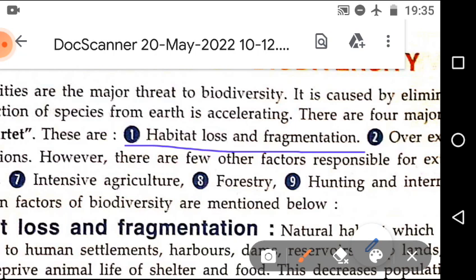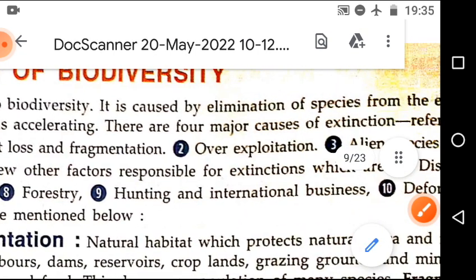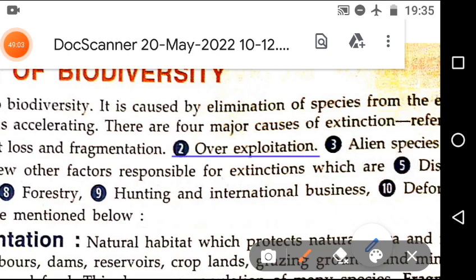Okay, the second cause is overexploitation. Exploitation means overusing of our resources. Too much using of the resources for our profit leads to habitat loss, like too much using of fossil fuels. Where will they find the fossil fuels? Under the ground, like coal, all of this.